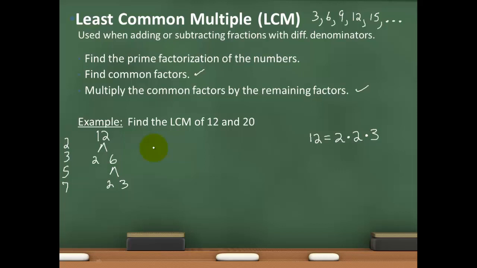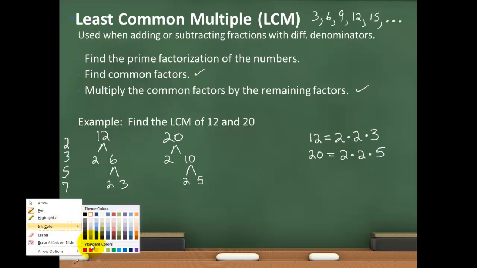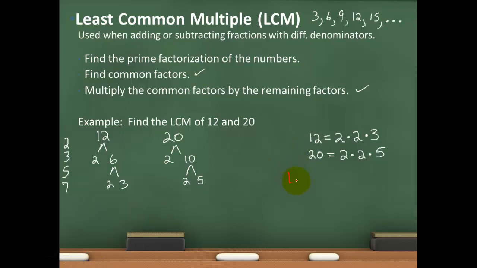Okay? 20 is even, so 2 times 10. 10 can be written as 2 times 5. So I can write 20 as 2 times 2 times 5. And now that I have those numbers together, I'm ready to find my least common multiple between 12 and 20. Notice I've done my first step.